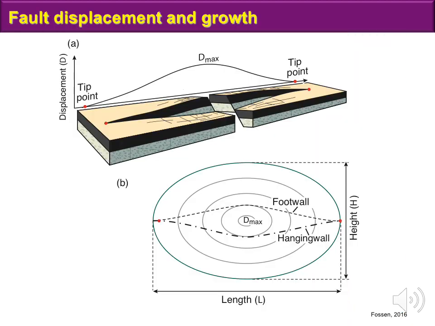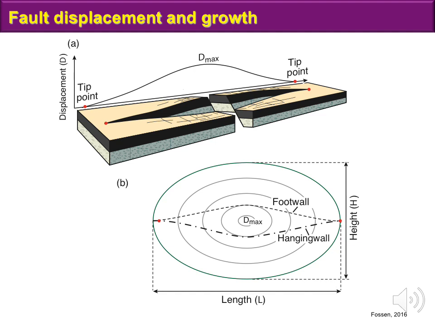Now, ideally, when a fault forms and grows, it takes on a characteristic displacement pattern, a pattern of displacement variation, which is, of course, in the tips, or the tip line. The displacement is 0, but increases as we get closer to the central part of the fault. That's illustrated by this graph in the upper figure, where the maximum displacement is located in the middle.